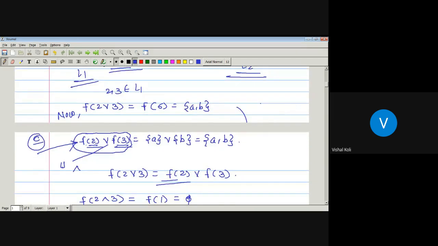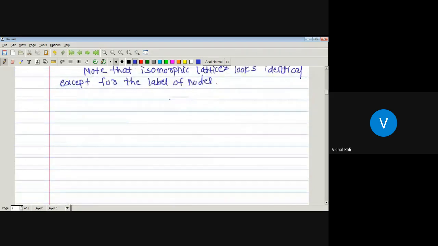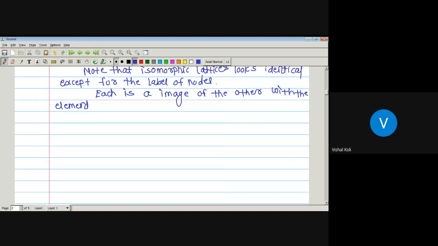Okay, so each element is an image of the order, with the elements simply relabeled.